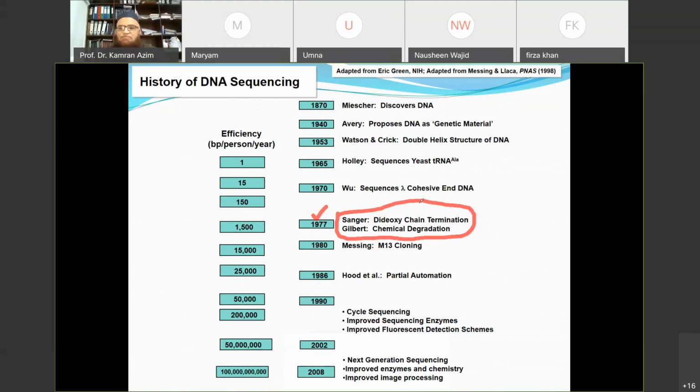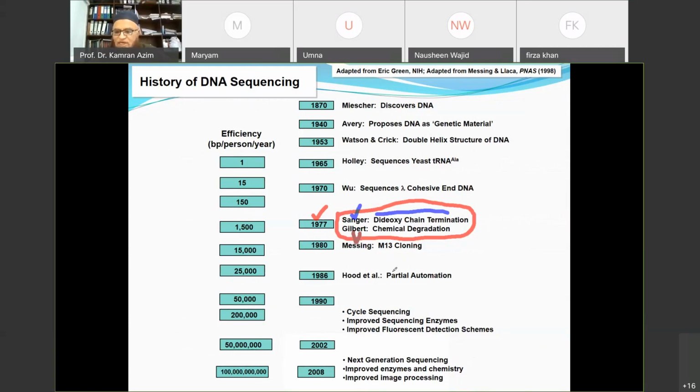The Sanger group reported a method, and they named that method the dideoxy chain termination method. And the Gilbert group reported another method which is called the chemical degradation method. Since 1977, the Sanger DNA sequencing method has been used for DNA sequencing because of several reasons.